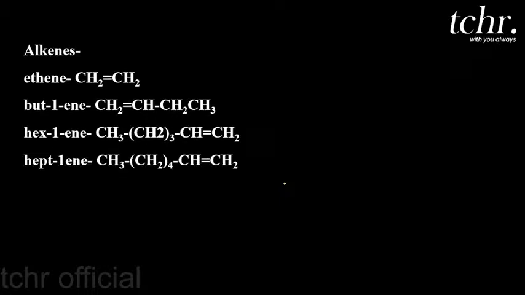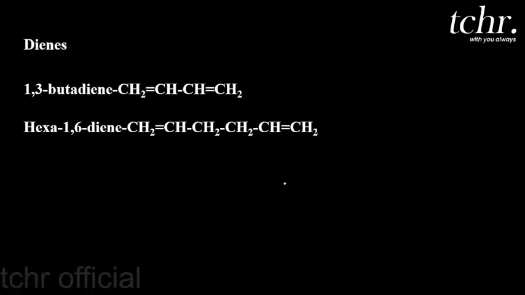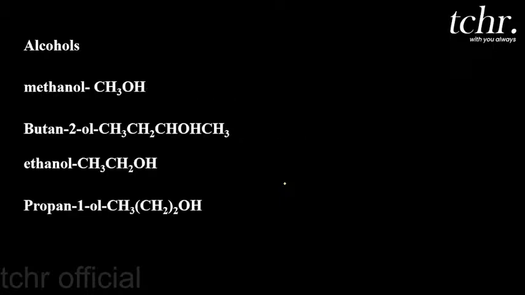More examples for alkanes, alkenes, alkynes, dienes. See, observe here whatever I discussed. How to write the structure of methanol. So butan-2-ol. Here you can observe 1, 2, 3. Count the number of carbon atoms.